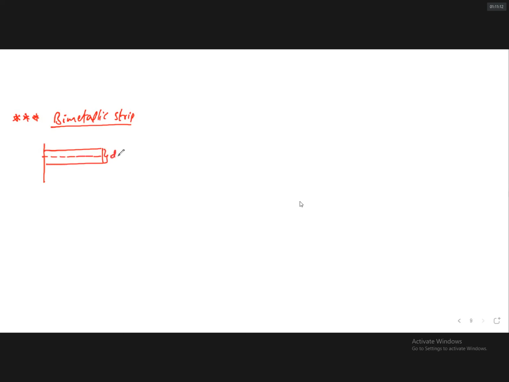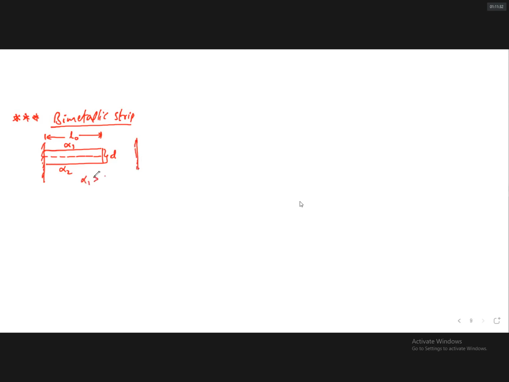The thickness of that bimetallic strip is D, and it is made up of two materials with coefficients alpha 1 and alpha 2. The length of each rod is L0 initially. Therefore, on heating, the bimetallic strip bends.